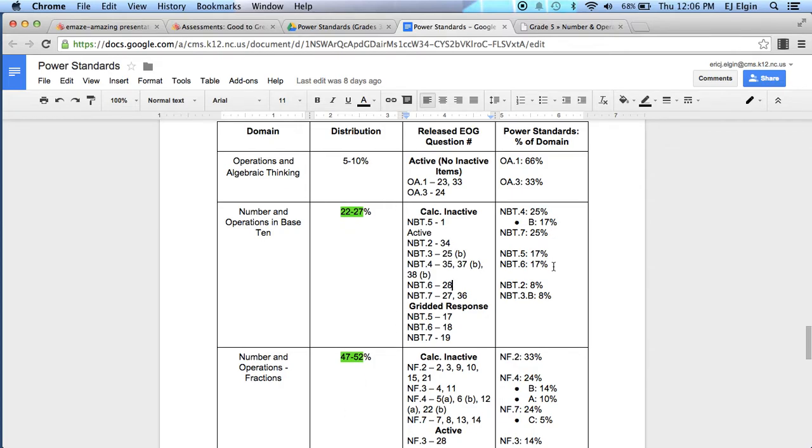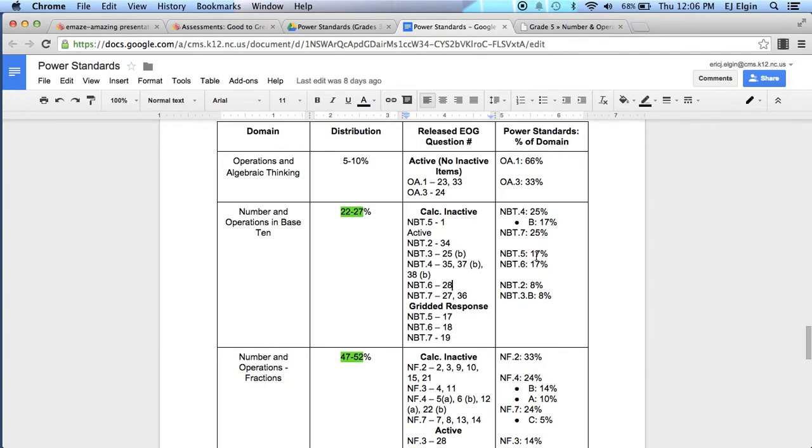What I'm noticing is that based on the pacing that you've chosen for 5th grade, the test that you're giving is focused on a standard that only makes up 17% of this big chunk of numbers and operations base 10. So it's good for students to master and get 17% right.